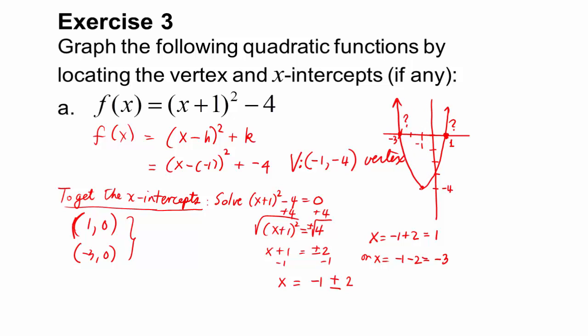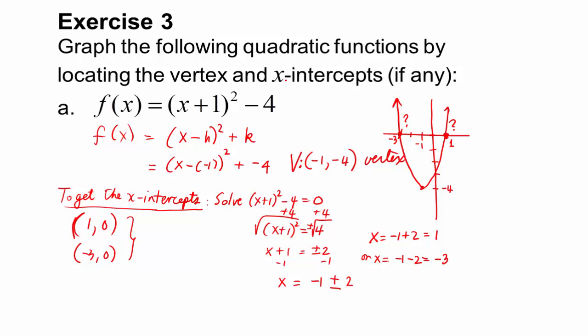Which means that if your vertex opens upward, and it's above the x-axis, then you don't have any x-intercepts. There's no x-intercepts. Okay? So what did I say again? If you have a vertex that is above the x-axis, let's say the vertex is somewhere along here, then if it opens upward, you know it'll never cross the x-axis, so you don't have any x-intercepts.